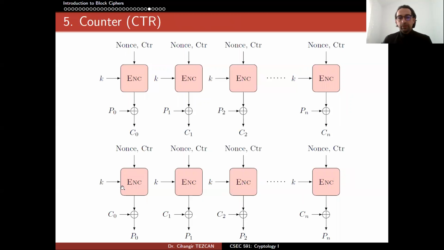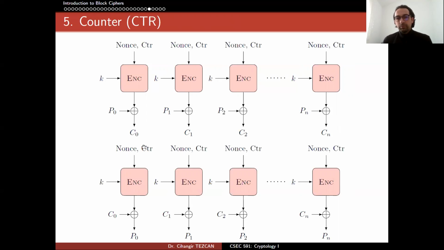The person who wants to decrypt the message now has the ciphertext block, so they XOR it with this output and obtain the plaintext block. This works because the XOR operation is just addition in modulo 2. So encryption and decryption is almost the same. You only switch the places of ciphertext and plaintext.